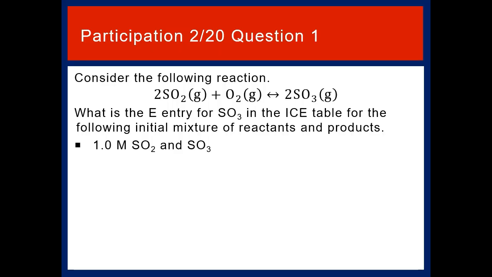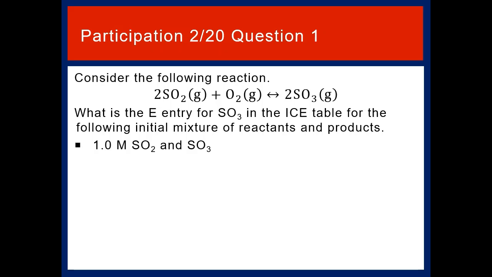Participation 220, question 1. Consider the following reaction: 2SO2 gas plus O2 gas yields 2SO3 gas. What is the E entry for SO3 in the ice table for the following initial mixture of reactants and products? It's 1.0 molar SO2 and SO3. This is the first question on participation 220, due Friday, February 20th at 11:59 p.m. over on Blackboard.